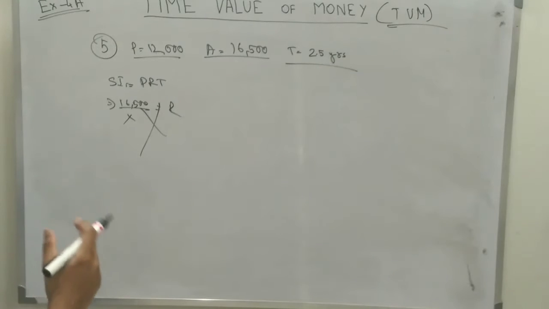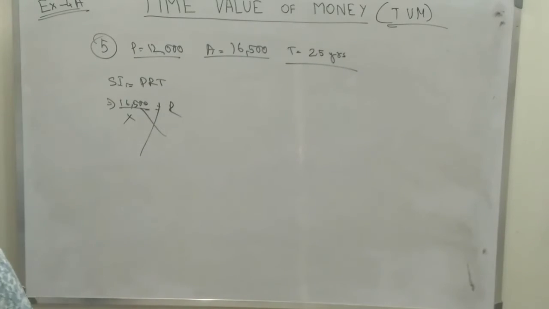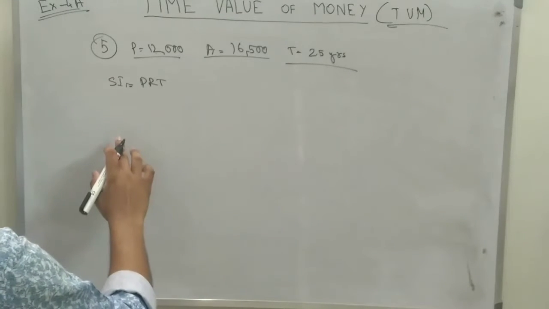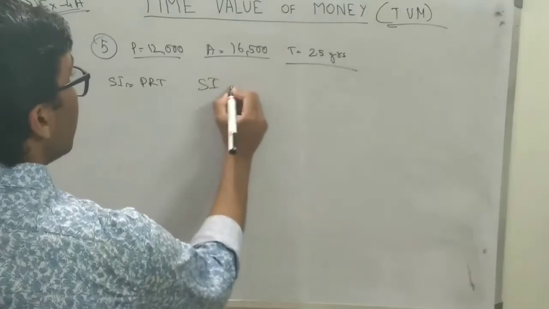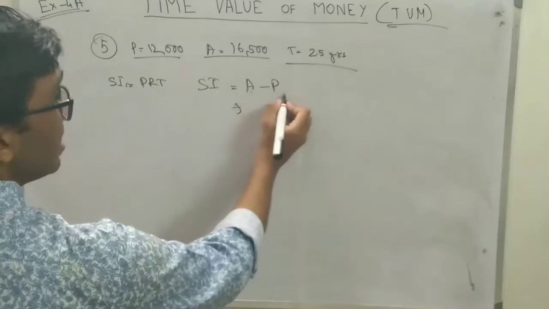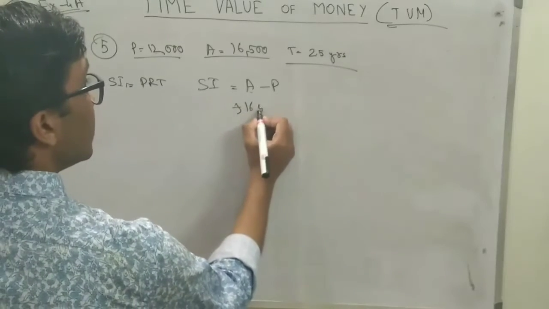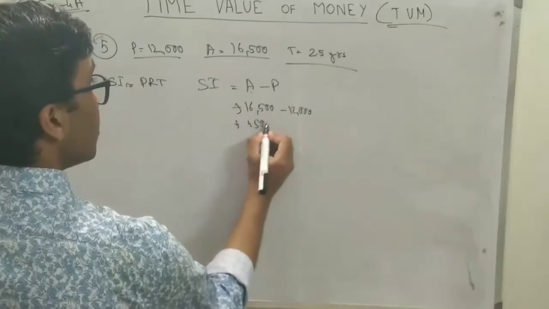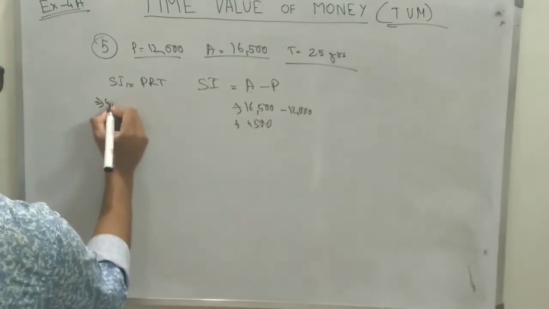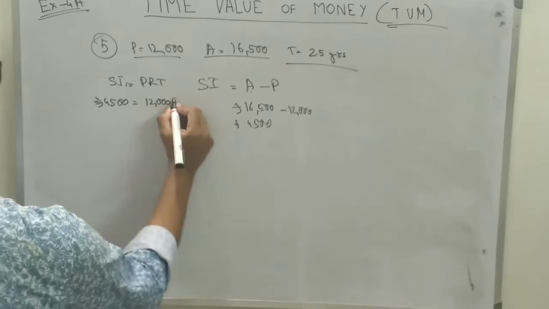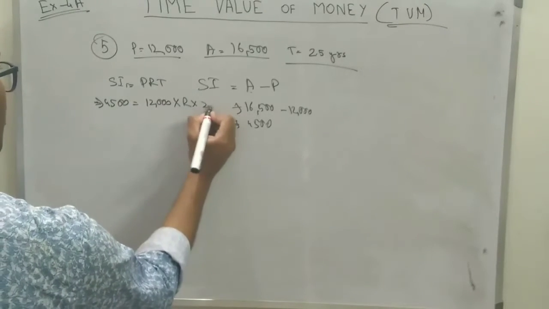That means you are calculating the simple interest. You are not given the simple interest. You have to calculate it. How? Simple interest is equal to A minus P, accumulated amount minus the principal amount. That means 16,500 minus 12,000, which comes to 4,500. That means 4,500 is equal to 12,000 into R into 2.5.